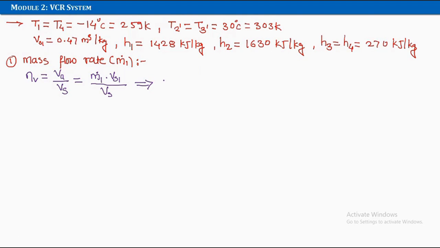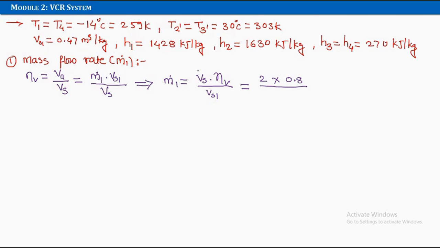So I will write that for m.1, which is equal to Vs into volumetric efficiency divided by Vs1. How much is Vs? It is given in the problem. So it is 2 multiplied by volumetric efficiency 0.8, divided by Vs1.